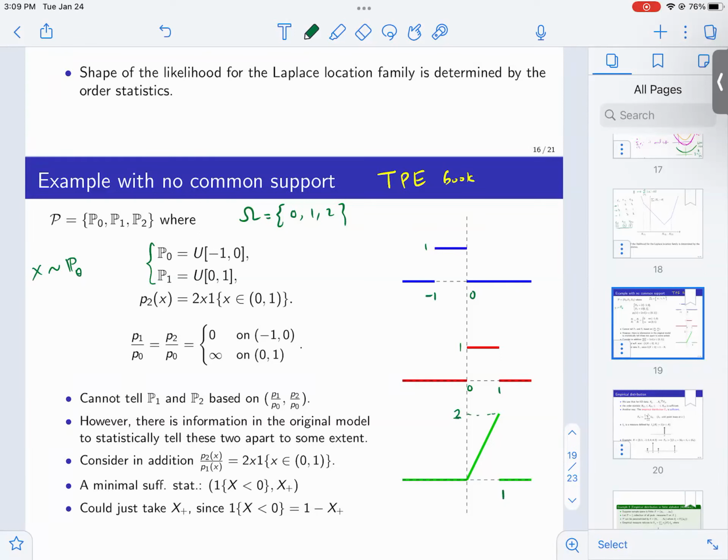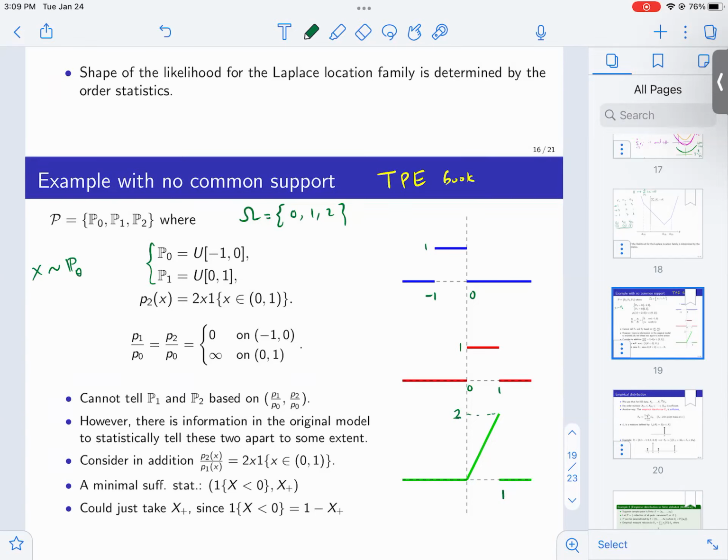Infinity is fine if you're okay with infinities. This is saying that there is infinite evidence in favor of P1 and P2. Being bigger than 1 means better evidence for P2 against P0. What this is saying is that if your data is in 0 to 1, P2 or P1 is infinitely more probable than P0, which is reasonable.